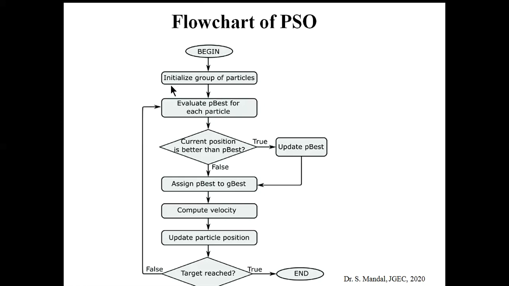So this is the flowchart for the PSO. We begin by initializing a group of particles. Next we want to evaluate pbest for each particle. Now using some kind of criteria, if the current position is better than the pbest, then if it is true, update the pbest. If it is false, assign pbest to gbest, that means the global best position.